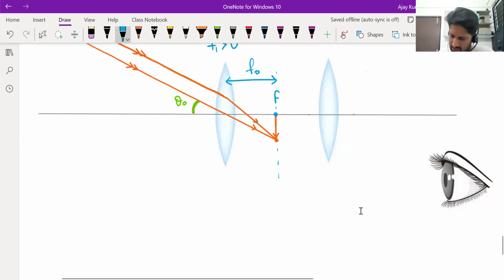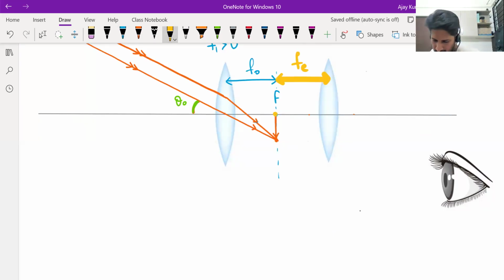Just putting the observer's eye aside for a while. Assume this distance is the focal length of the eyepiece. At the same distance on the other side, it will have another focus, somewhere here. Now if you do ray tracing, this first image formed by the first lens behaves as an object for the second lens.